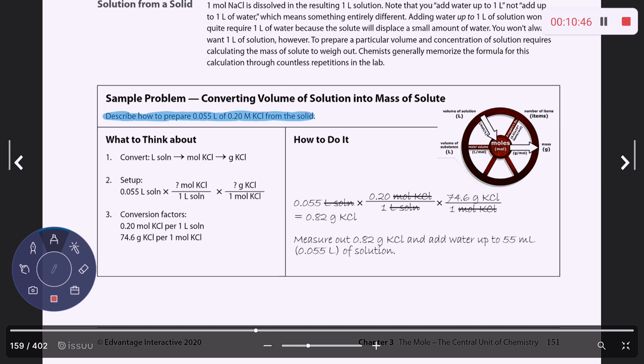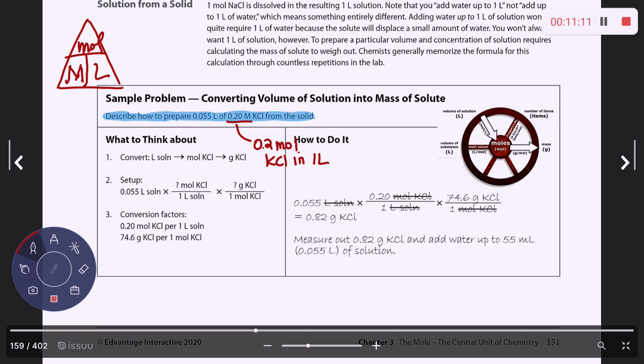So the first thing you have to do is figure out how much you have to measure out. So remember, this 0.2 molar is the same thing as 0.2 moles of KCl in 1 liter. So what you have to do is figure out how many grams that is. If you recall, I have my molarity triangle.